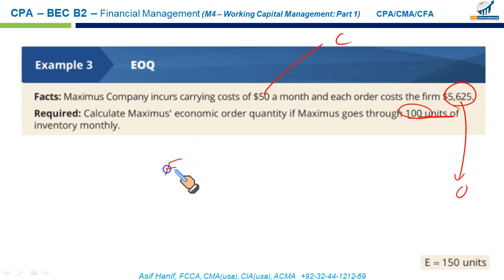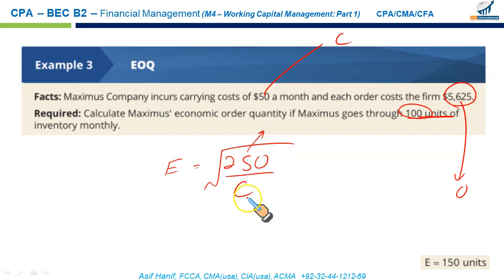I would like to discuss an important point here. If your sale is on a monthly basis, your holding cost must be on a monthly basis. If your sales is on an annual basis, your holding cost must be on an annual basis. Since your carrying cost is on a monthly basis in the denominator, hence your quantity to be sold must be on a monthly basis. 100 units of inventory monthly.